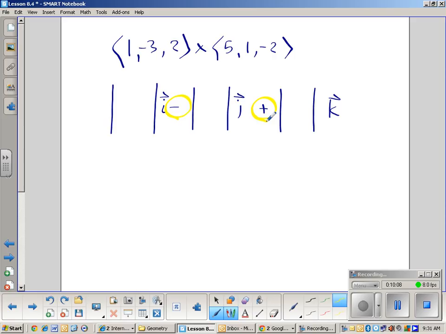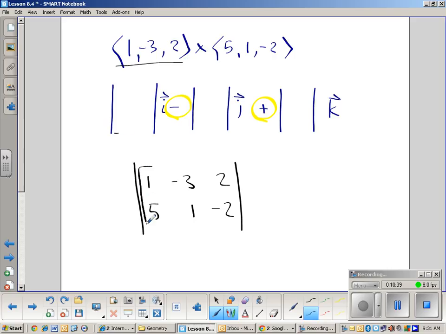Now if we write this as a matrix: 1, negative 3, 2, and then 5, 1, negative 2. That would be my matrix. The row that goes on top has to be the first vector. So how do we find what goes in here?